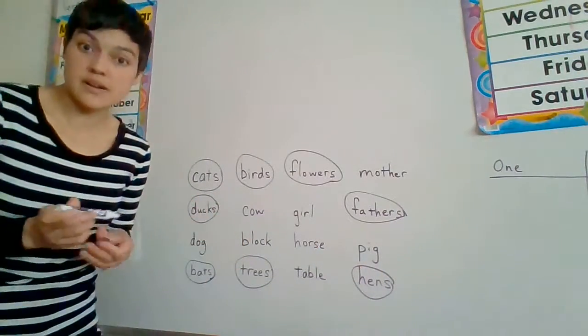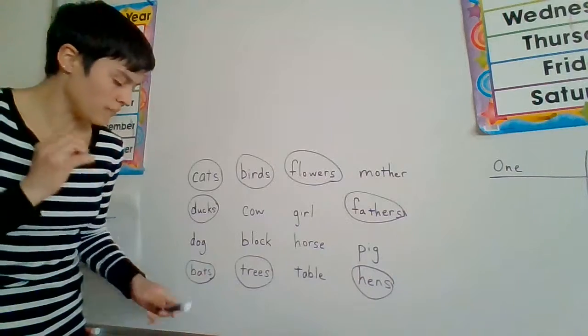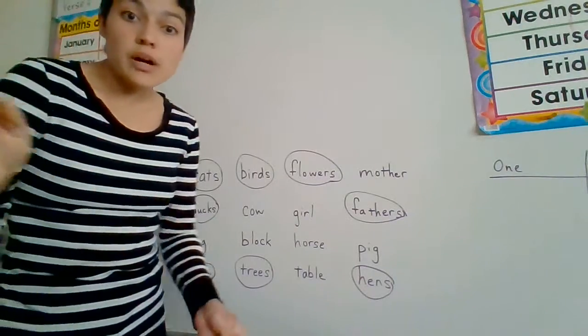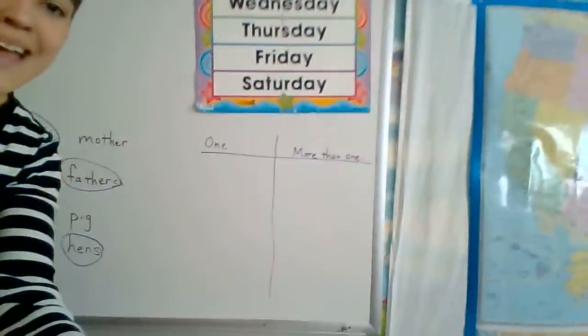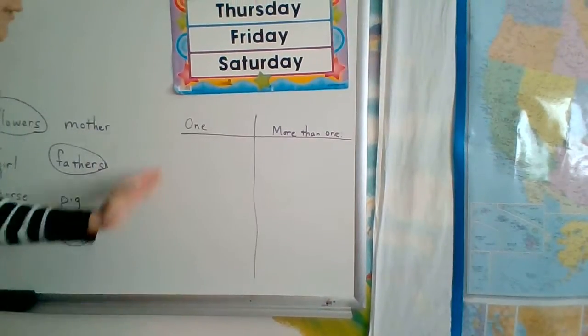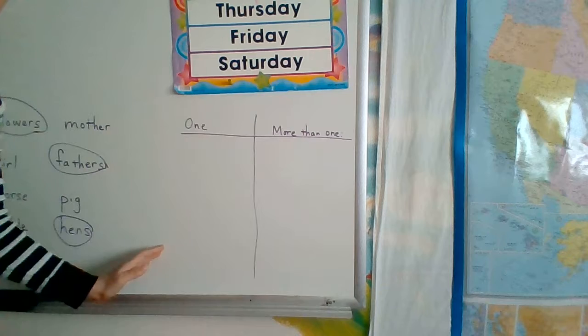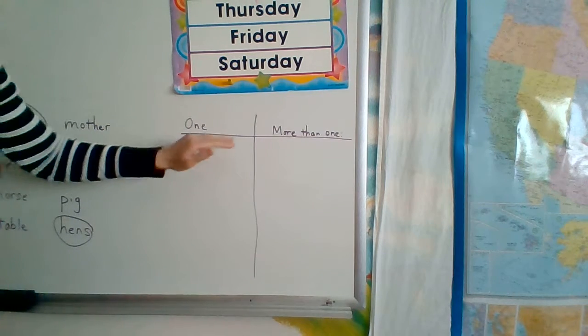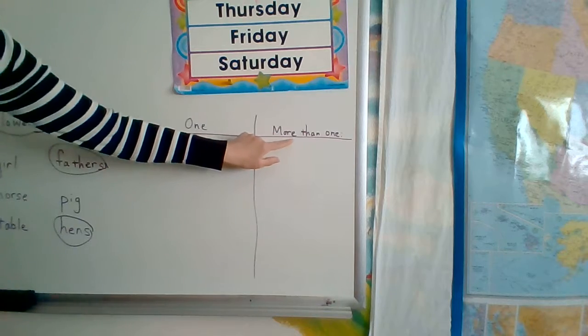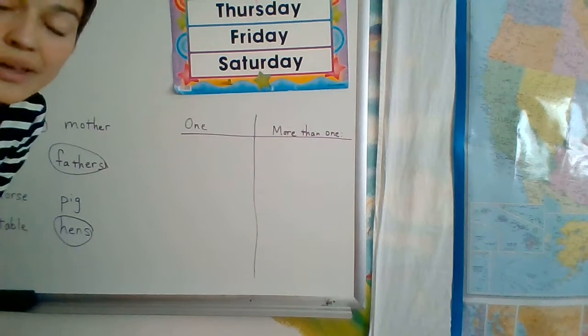Okay, now here's what you will do. I want you to get a piece of paper and I want you to build a chart that looks just like this. On one side, you will write the title, one, and on the other side, you will write the title, more than one. Okay?